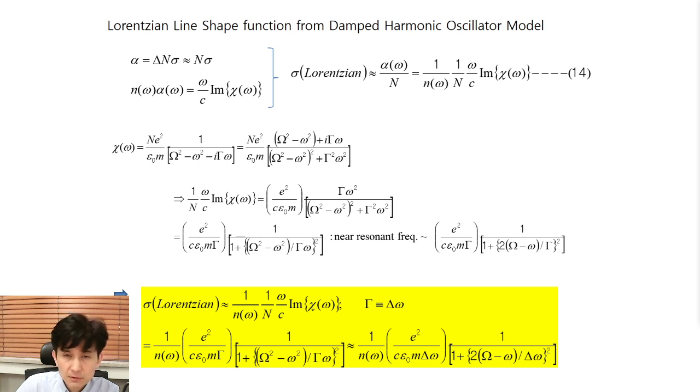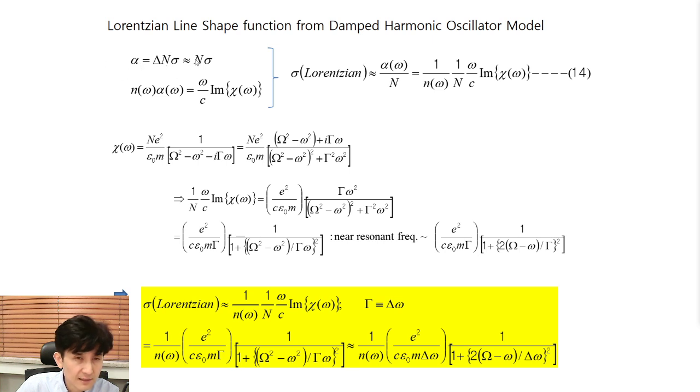And we also consider the Lorentzian line shape function for a simple absorption medium, and we obtained the absorption coefficient. The absorption coefficient is related to the number density n times sigma, equal to alpha. We have derived this before.